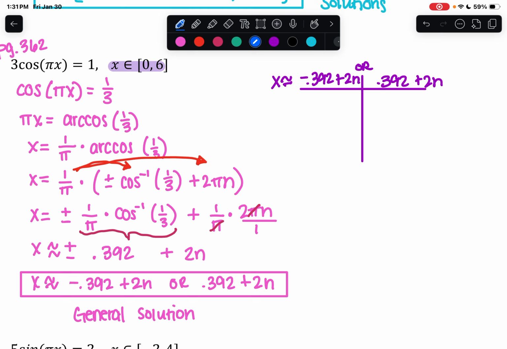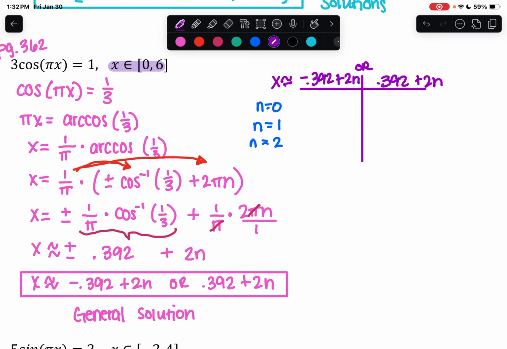So we could say n equals 0, n equals 1, n equals 2. And as a reminder, we're trying to find values that are in between 0 through 6. So let's just start with this for now and see what our outputs are when we plug in numbers for n.